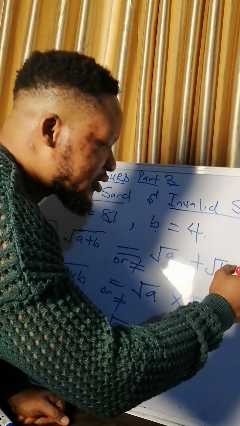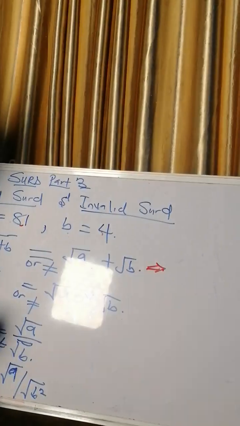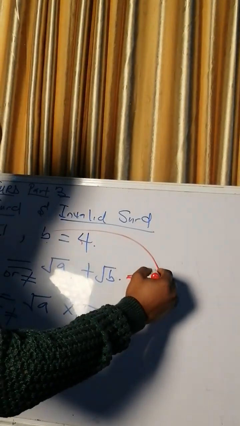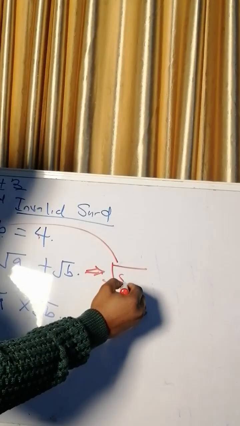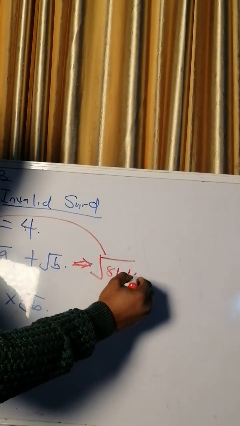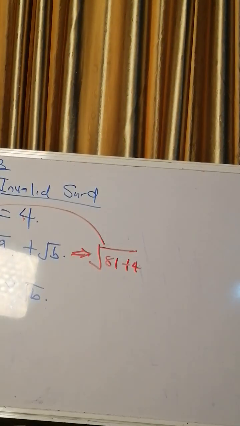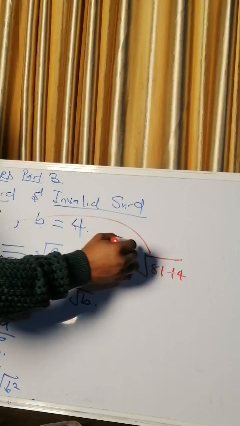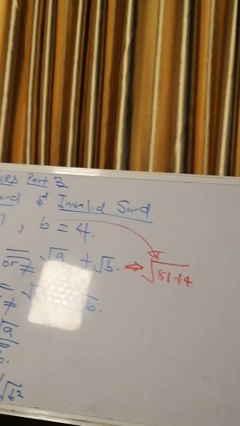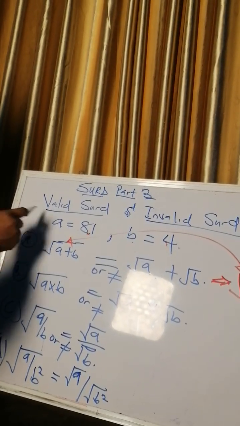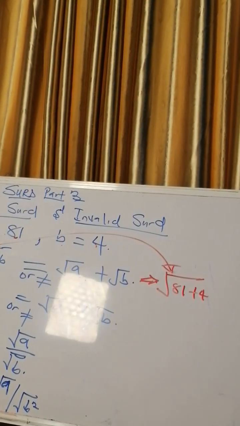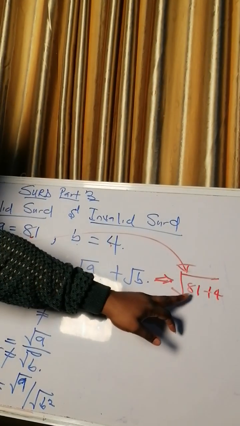Then the same thing applies here. So this implies, for the first one here, that is A plus B. A equals 81, B equals 4. So instead of writing A, I write 81.